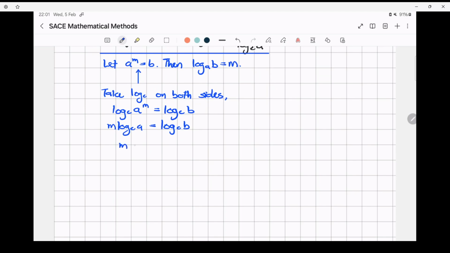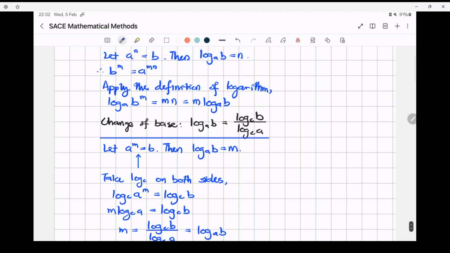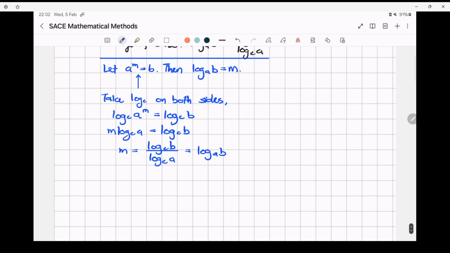So m would be log base c b divided by log base c a. What is m? m is log base a b. So therefore this is log base a b. That's how we prove this particular law of logarithm, which is called the change of base.